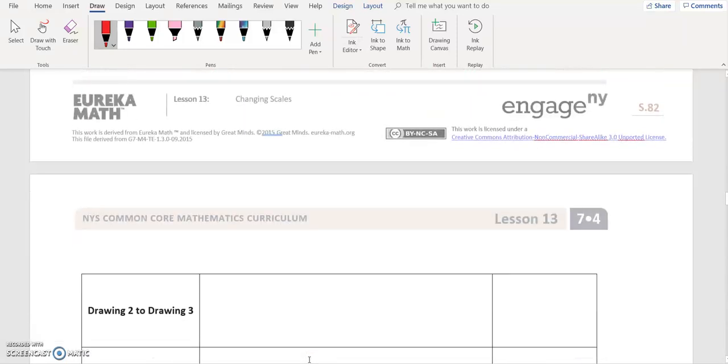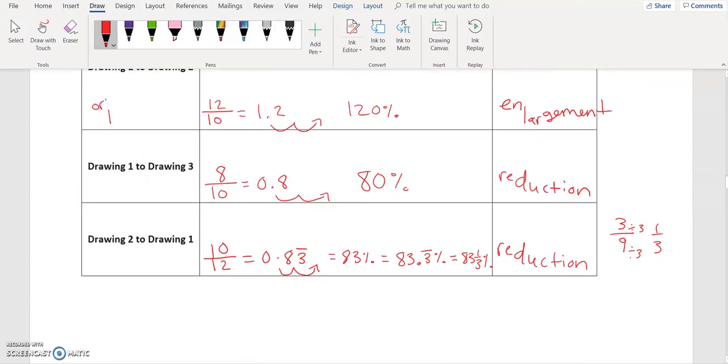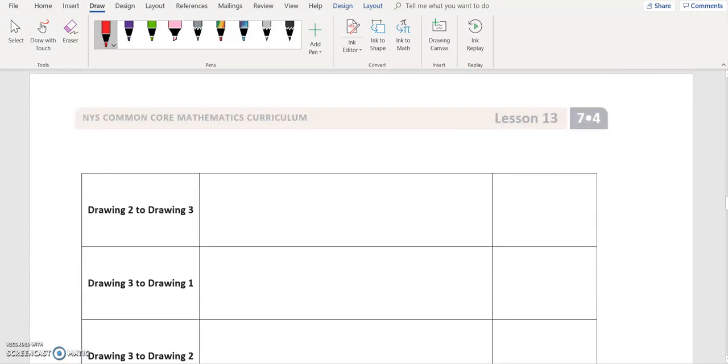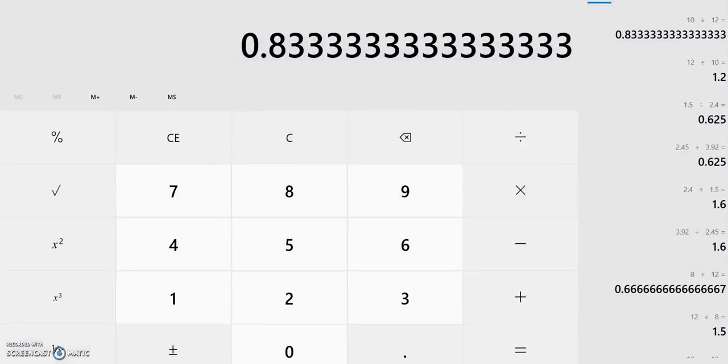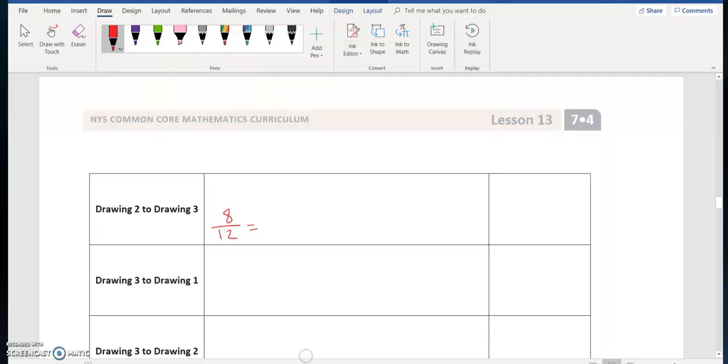The next one asks for drawing 2 to 3. So we're going from 2 to 3. So it's a reduction. Our original is 12 and our new was 8. 8 divided by 12 is 0.6, repeating on forever.